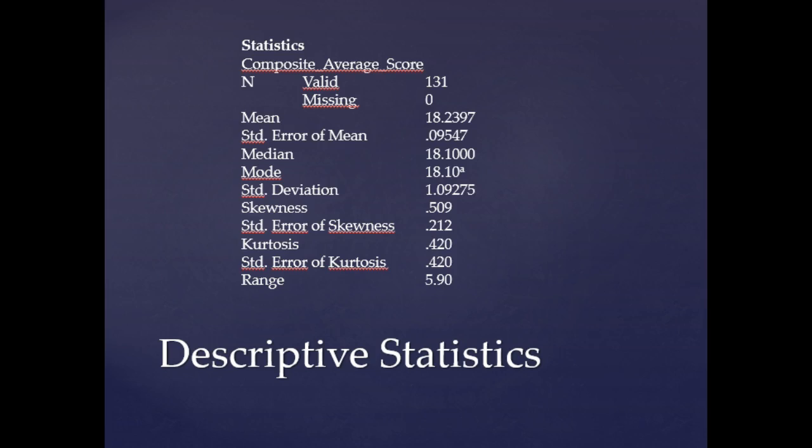Field does a good job of explaining and situating mode. Standard deviation of 1.09, the skewness of 0.509, standard error of skewness of 0.212, then kurtosis of 0.420, and standard error of kurtosis 0.420, and the range of 5.9.